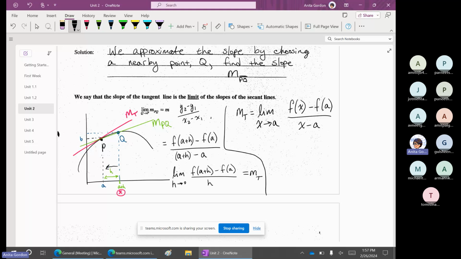Either you're choosing 2 points and allowing the second point to get closer, or you're choosing a distance that's far away and making the distance go to 0, get closer and closer. The reason we have 2 ways to write it is because depending on the function that we have, the equation that we have, sometimes one way is just easier than the other. But either way is fine.